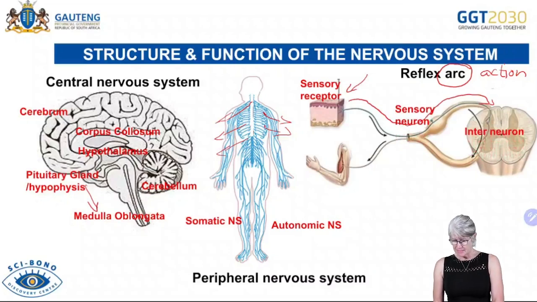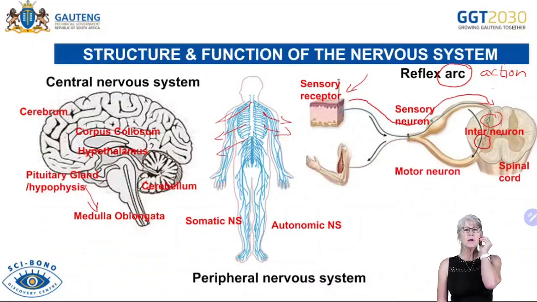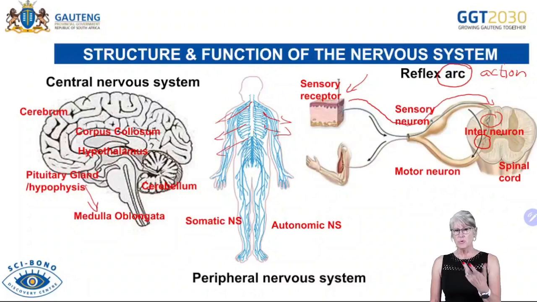So the interneuron synapses with the sensory neuron, and then it also synapses with the next neuron in the pathway called the motor neuron. And the motor neuron is the thing that brings about the action, movement.